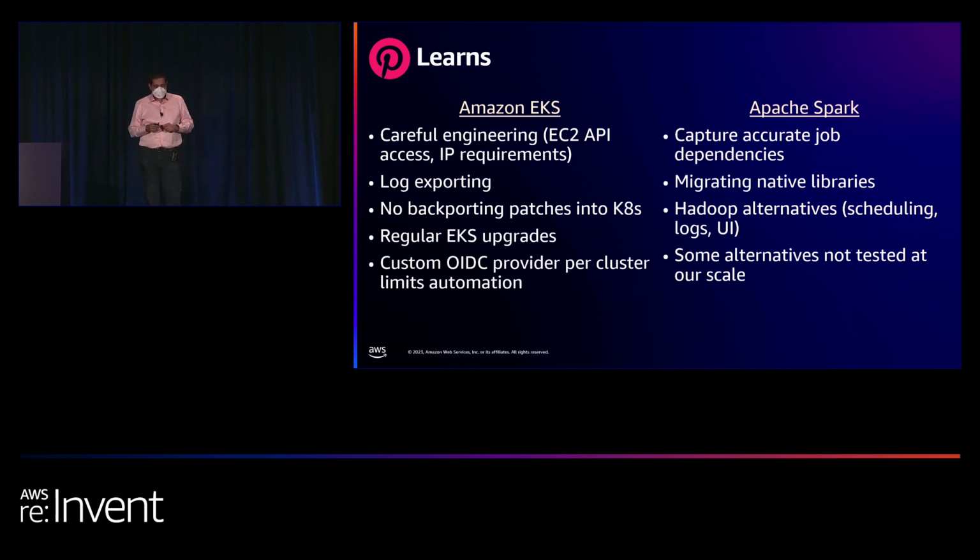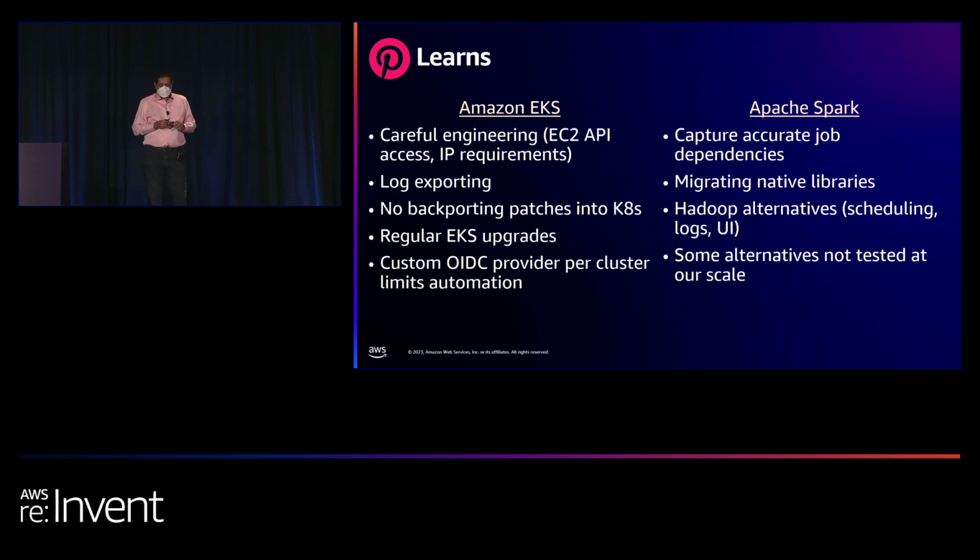So what that meant is we had to be careful in terms of capturing job configurations and making sure those got translated into the Spark on EKS environment. And then note that because we're changing instance types and architectures from AMD to Graviton, native libraries, we have to be careful and make sure we can migrate those to Graviton as well.